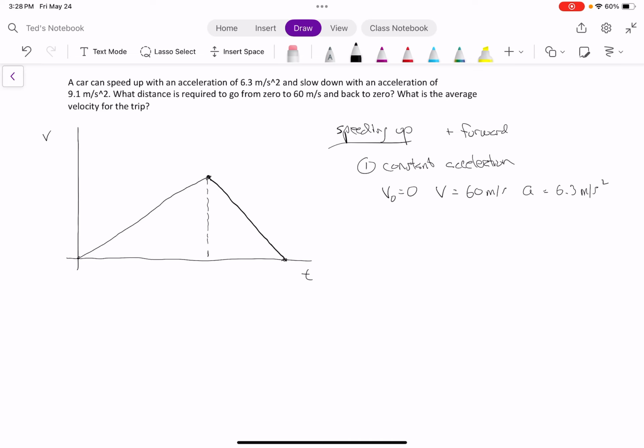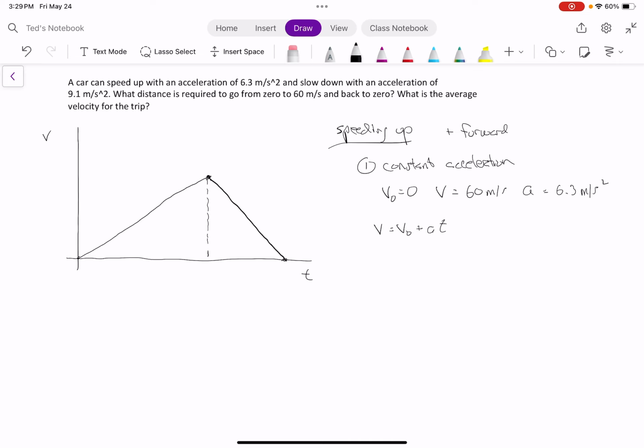Because remember, if the velocity is positive and the acceleration is positive, that means we're speeding up, which is what we're doing. Okay, so we know three things, and in constant acceleration equations, if you know three, you can always find the other two. So if I want to know the time, I can use the equation v equals v0 plus at, and plug in my numbers: 60 equals 0 plus 6.3 times t.